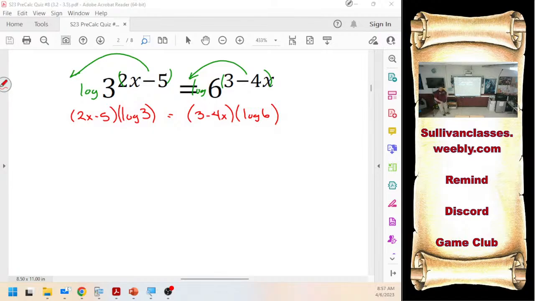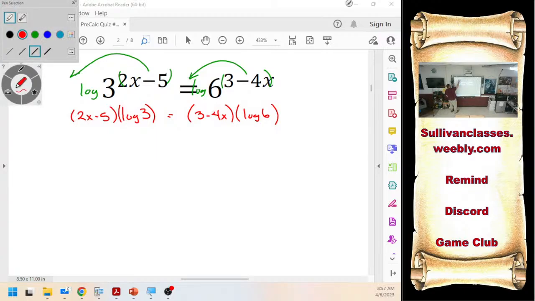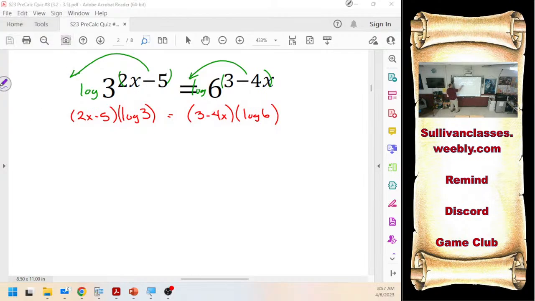I'm going to distribute, and as we found, it gets kind of squirrely when you're writing 2x times log of 3. And I think we were okay with starting to write it as just a coefficient of x. It's that many x's. Okay, I can write it like that. I can write it like that.